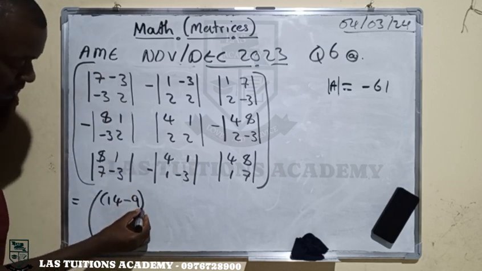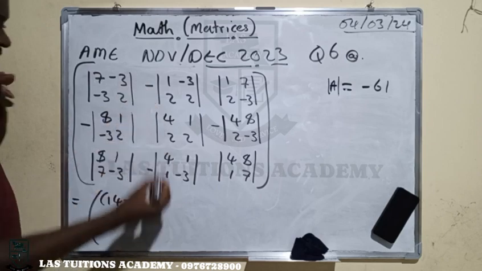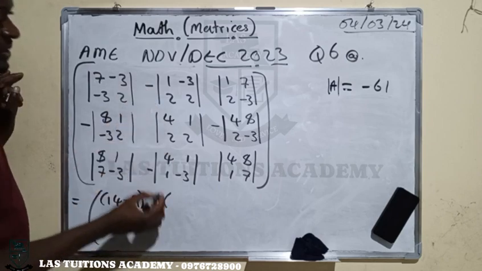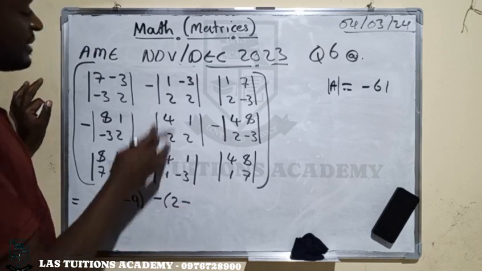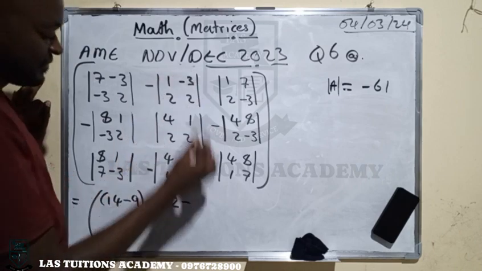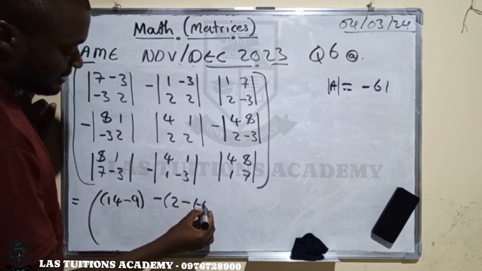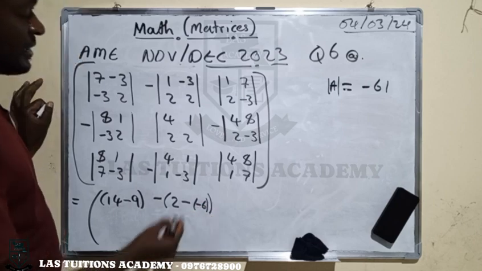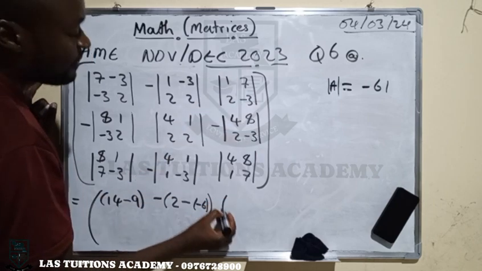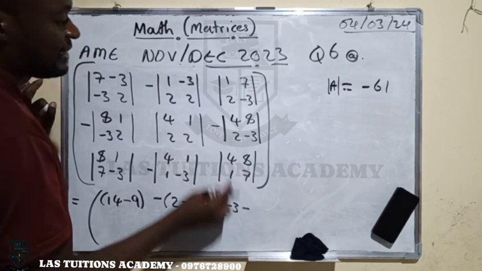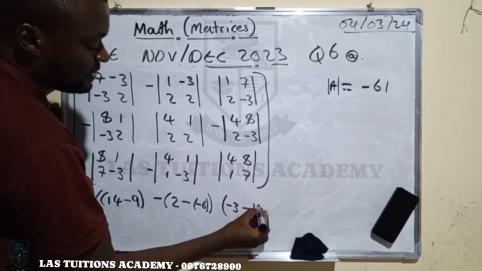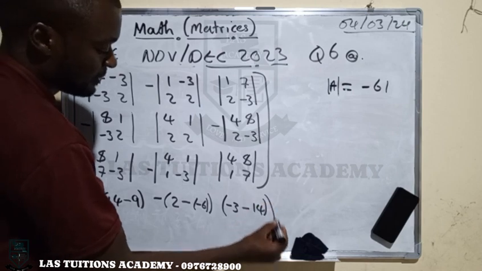Then here we have the sign minus: 1 times 2 is 2, minus 2 times negative 3, we get negative 6. We come to the last part there: 1 times negative 3 is negative 3, minus 2 times 7, that's 14.